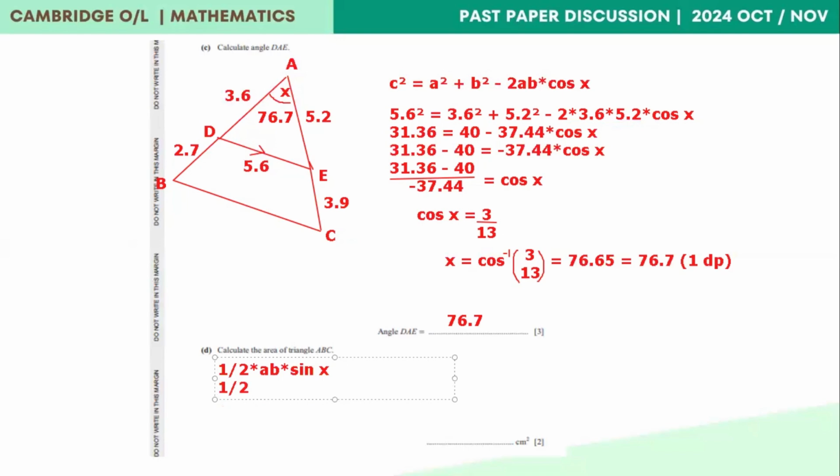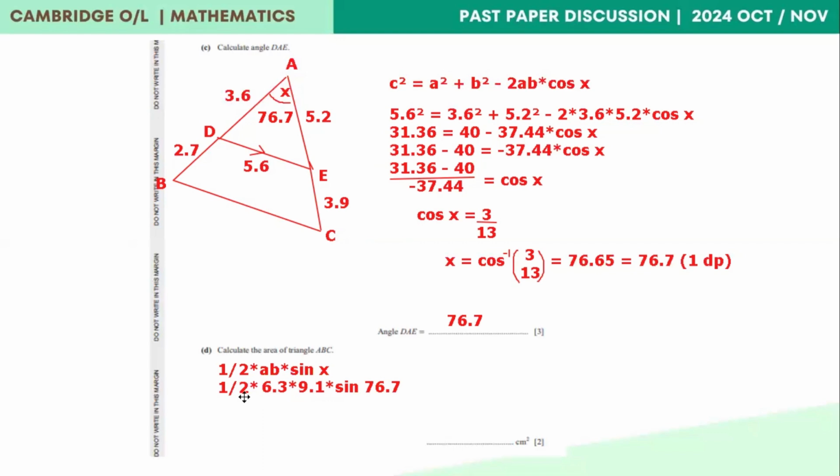The two lengths are the ones in between the angle, and our angle is 76.7. The lengths should be the total lengths: 3.6 plus 2.7 and 5.2 plus 3.9. 3.6 plus 2.7 is 6.3, and 5.2 plus 3.9 is 9.1, into sine 76.7.